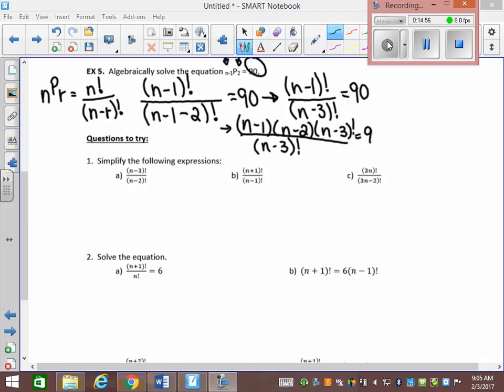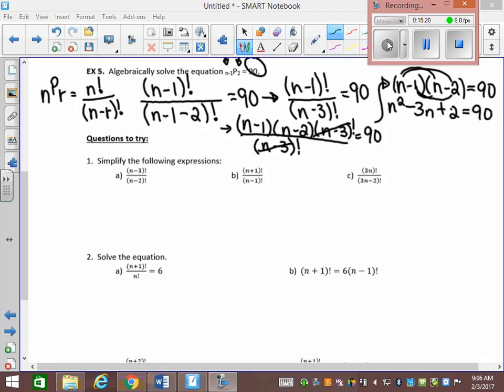Those cancel, and you're left with n minus 1 times n minus 2 equals 90. You FOIL these, so you get n squared minus 1n minus 2n is minus 3n plus 2 equals 90.